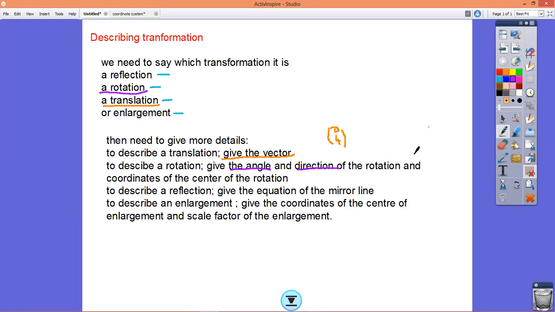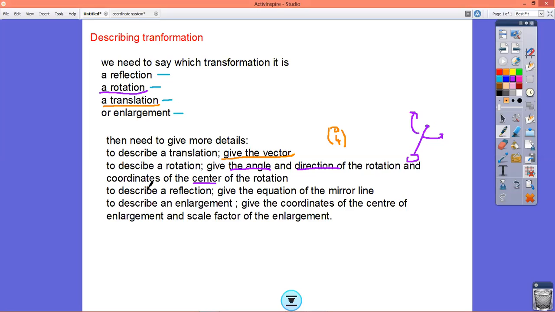Let's say this is the center. If we have a shape here, how many degrees, anti-clockwise or clockwise, we are going to define this. How many degrees, the direction, anti-clockwise or clockwise, and the center we should show.